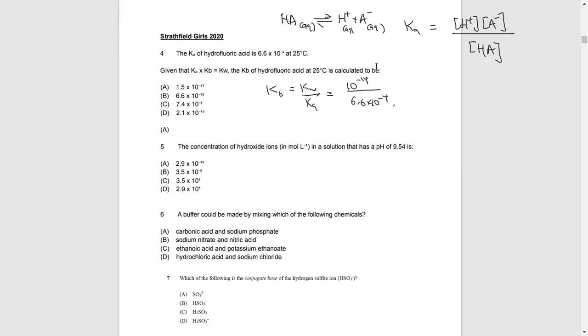That presumably is going to give us A. So remember, Ka represents how complete it gets. So the greater Ka is, the more complete the dissociation or ionization, and therefore the stronger the acid.